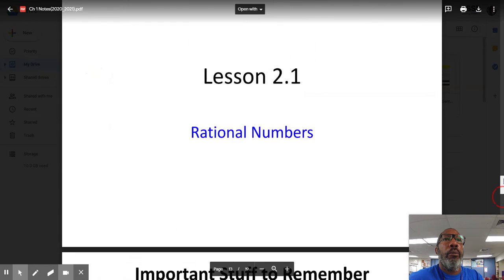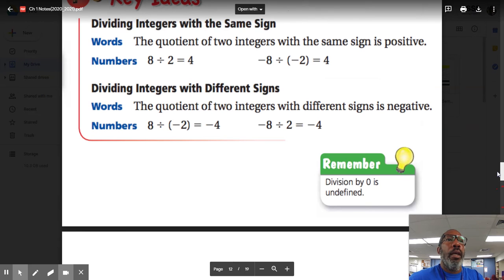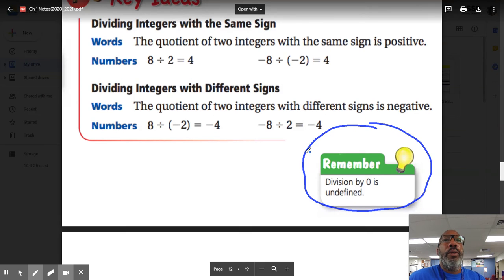Let me back up real quick to point out something that I don't think I emphasized. I'm not sure if I emphasized it in class or in the lesson video, but we say that division by 0 is undefined. So if you see something like this, 8 divided by 0, you would say that that is undefined.